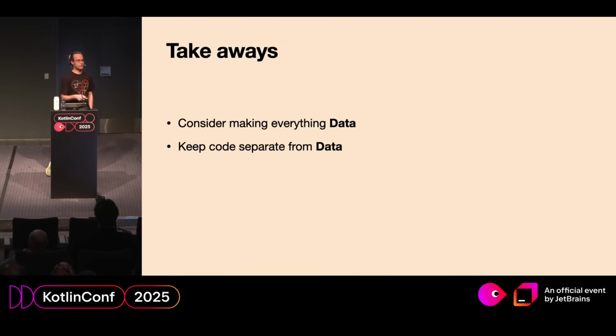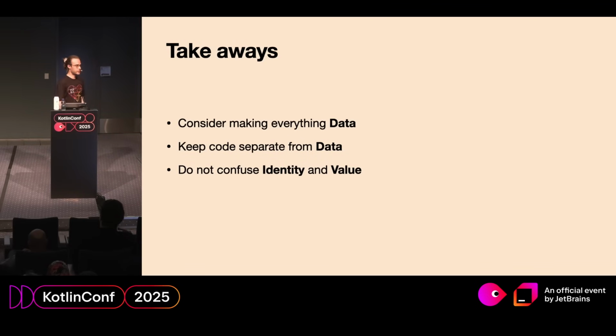It is much better if the DSL is building data instead of doing immediate effects, because code always loses to data in ability to reason about it and do different things to it. It's hard to analyze code. It's easy to analyze data. So keep code separate from data. It enables data reuse, and do not confuse identity and value.